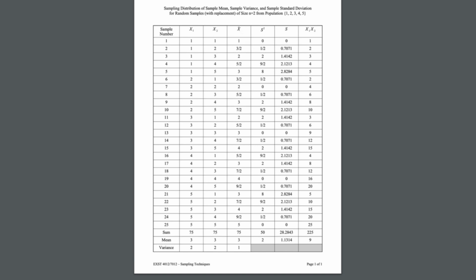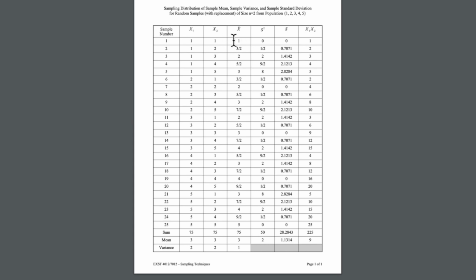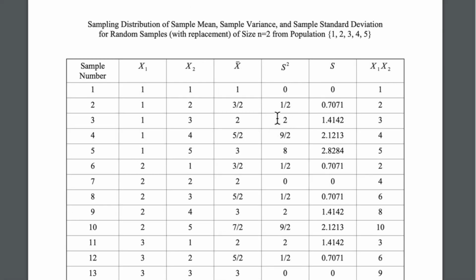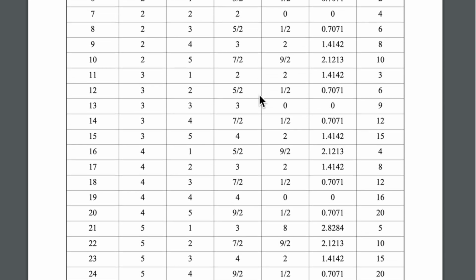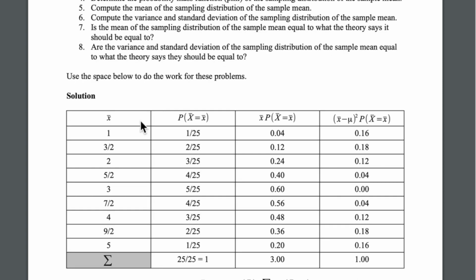And so, for example, to find the probability that we get a sample, the mean of which is 1, all we have to do is to scan through here, and let me make this a little bit bigger now, scan through here and find those samples where the sample mean is 1. And we see here, as we scan through, that there's only one sample where that occurs. All right, and so the probability that x bar is equal to 1 is 1 over 25.